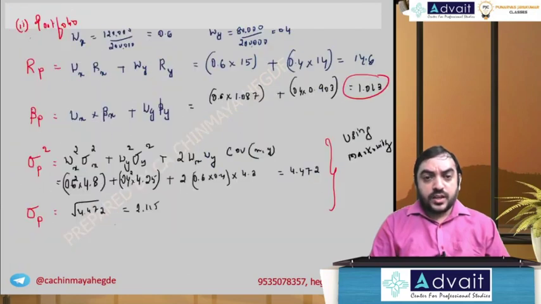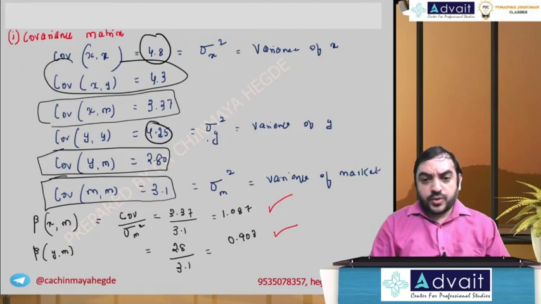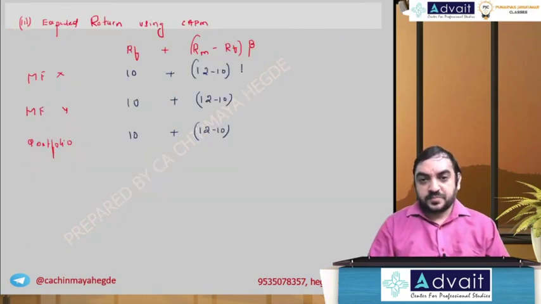Okay, so 10 and 12 are RF and RM. So 10, 12 minus 10, same thing for the others. Beta we calculated 1.087, 0.903, and beta of portfolio 1.013. So this will give us the expected returns.